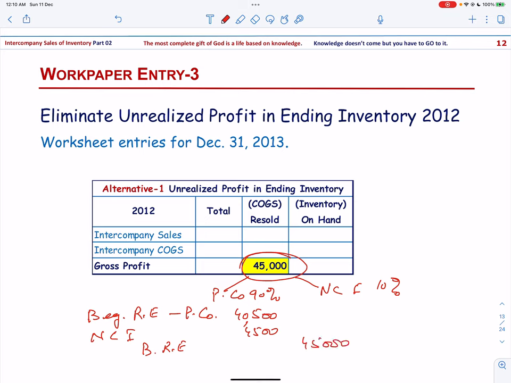To recognize the intercompany profit realized during the year and to reduce the controlling and non-controlling interest for their share of unrealized profit at the beginning of the year.